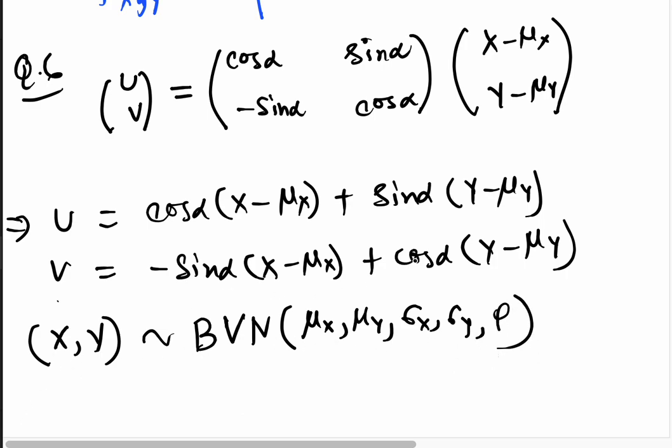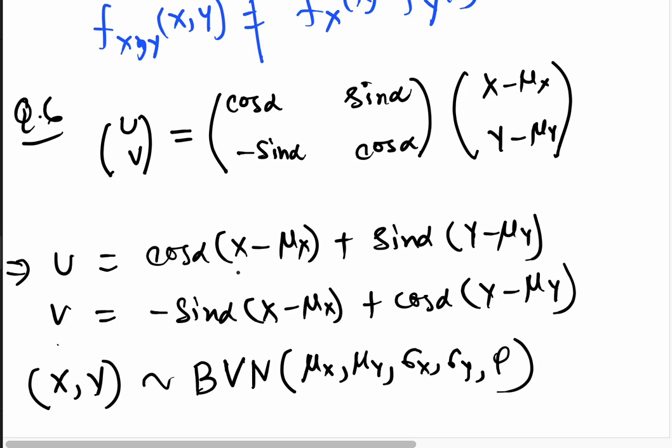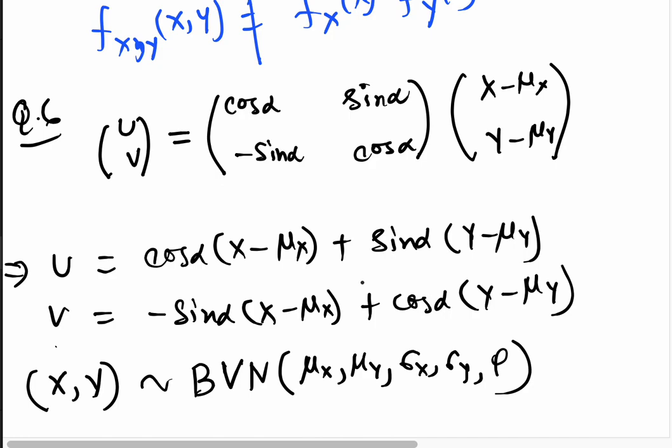Now we know that for a bivariate normal distribution, the linear combinations are also normal. U should be a univariate normal distribution, and V also normal, not bivariate.